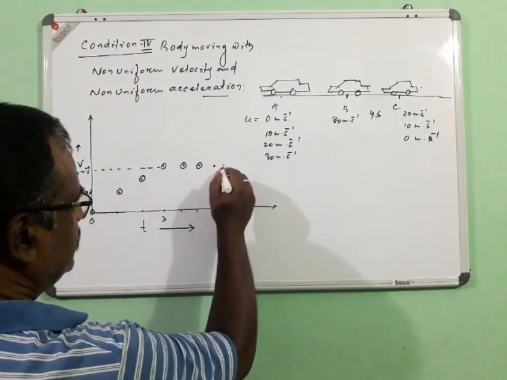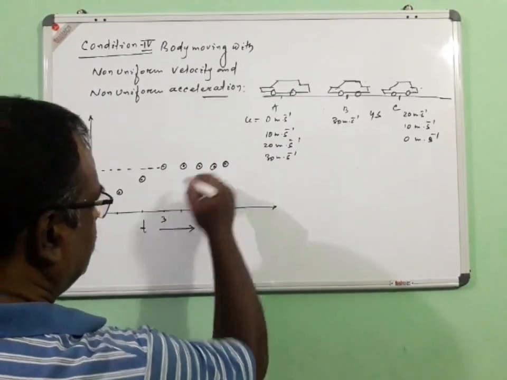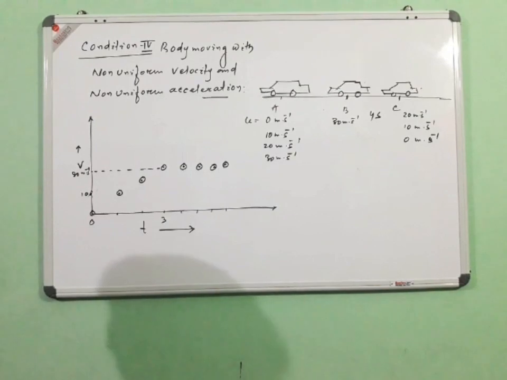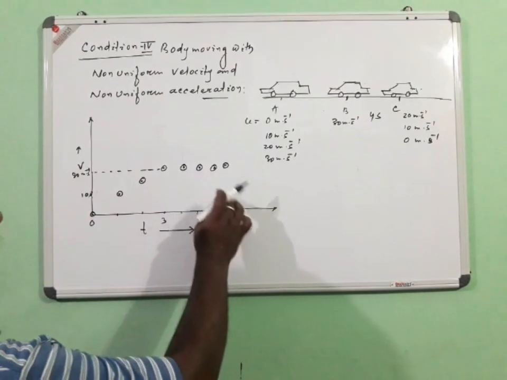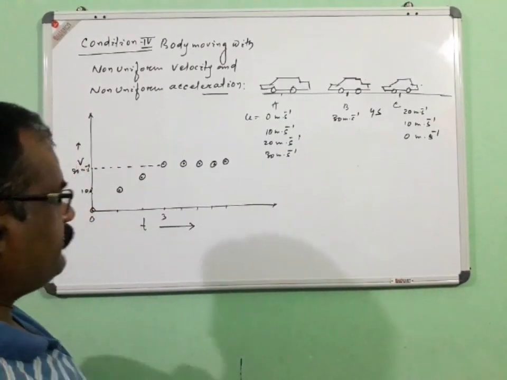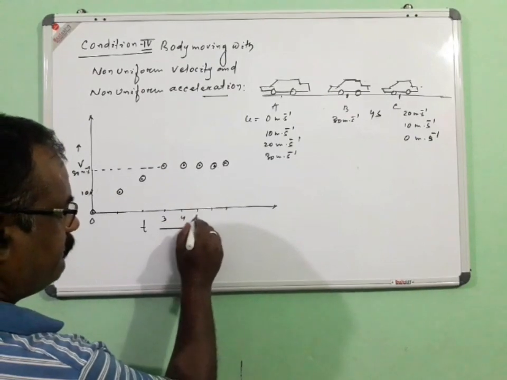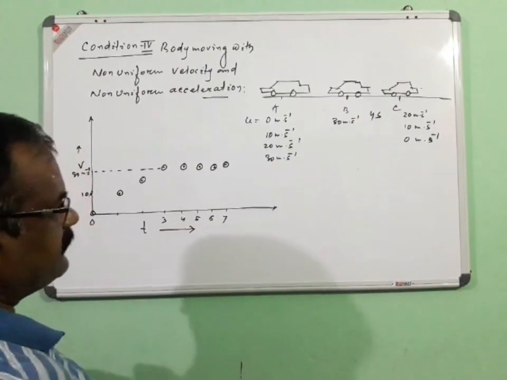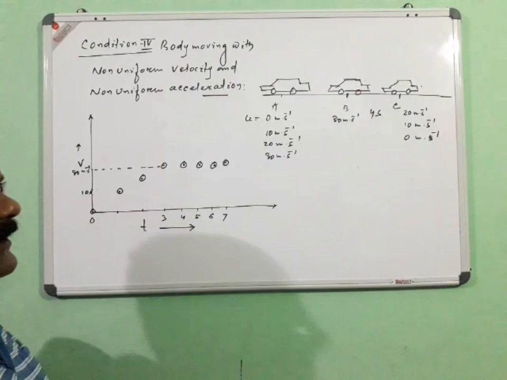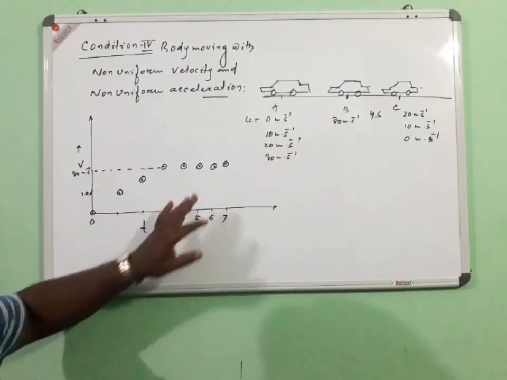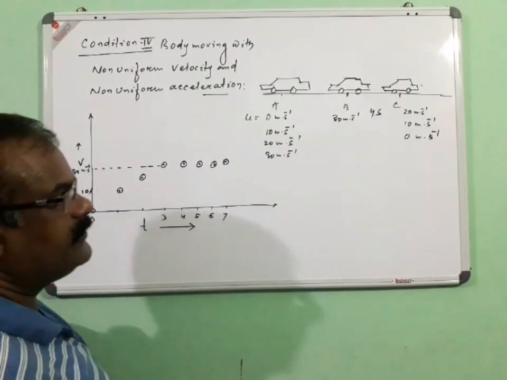Now 4 seconds means 4, 5, 6, 7 seconds. By 7 seconds, we will see that there is no change in the speed. It is going on in the same manner.